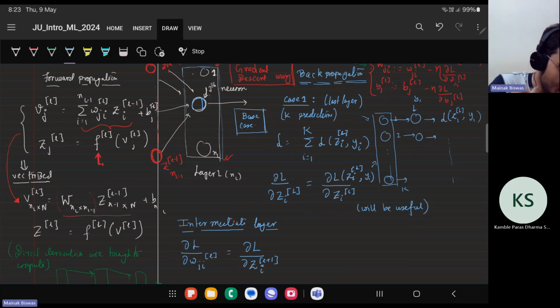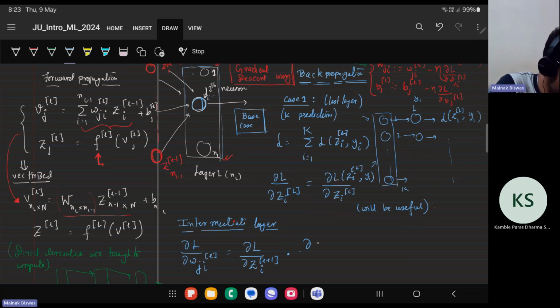This will be with respect to the ith input. Since you are getting this output from the ith input, whatever weights you had, say the ji weight whose derivative you want, you can simply do that by taking this chain rule.